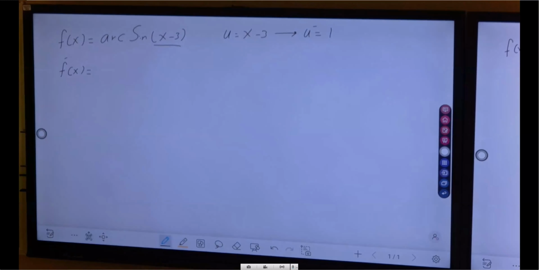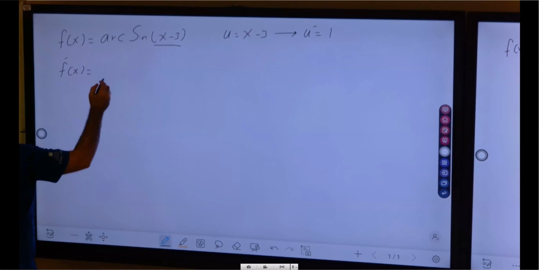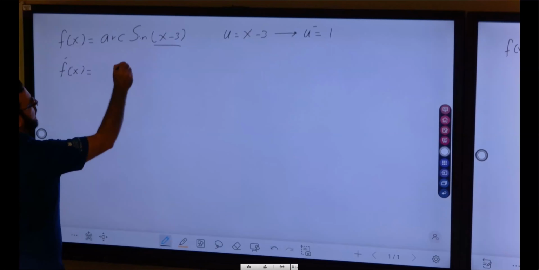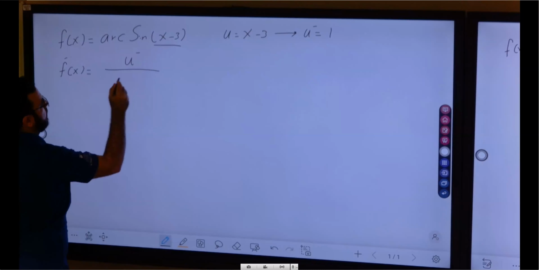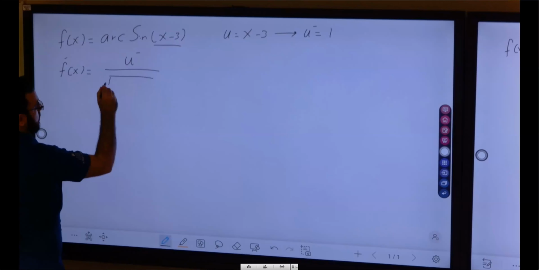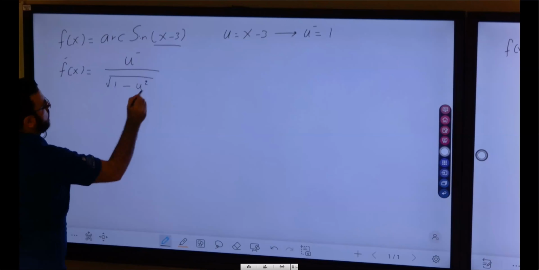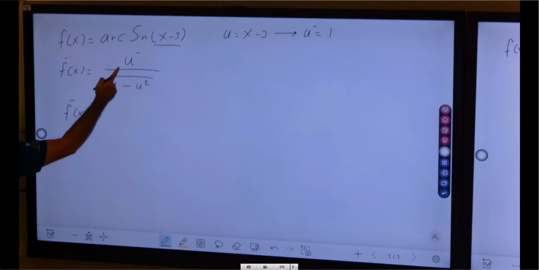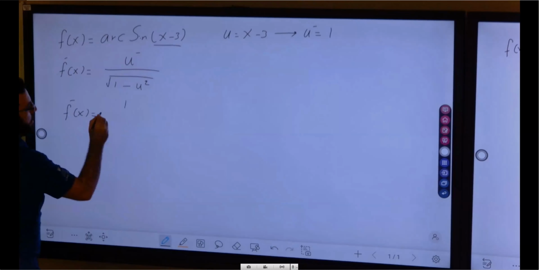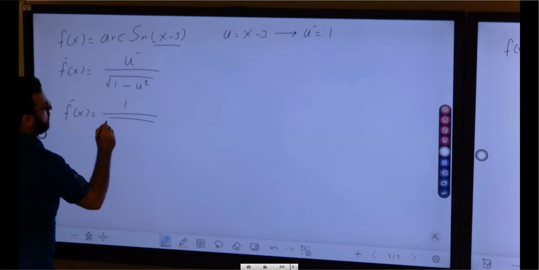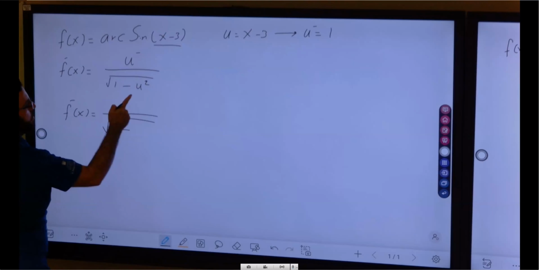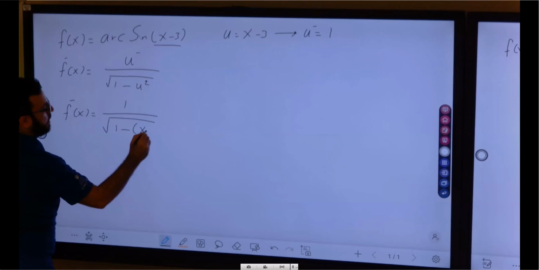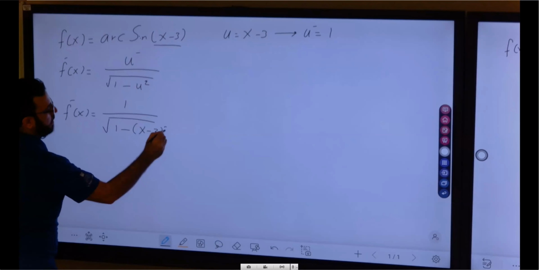Now I'm going to use the rule: it's u prime over the square root of 1 minus u squared. So f prime of x equals u prime, which is 1, over the square root of 1 minus u squared, which is (x minus 3) squared.